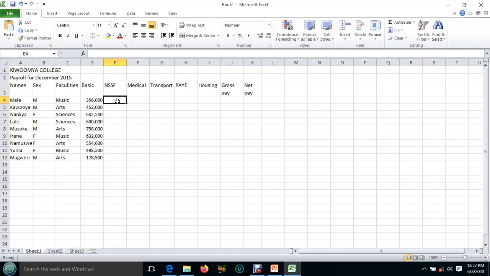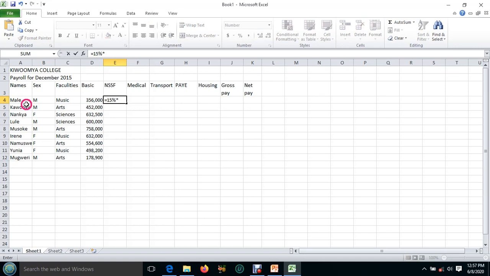And we are getting the NSSF for the first person, and they told us it is 15% of the basic. So before you feed in your formula, you must begin with an equal sign, and 15% of means multiplication by basic.